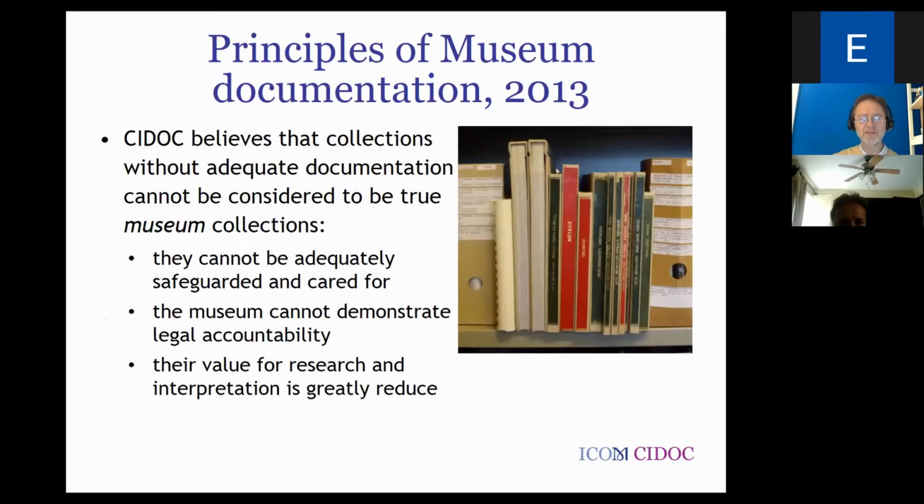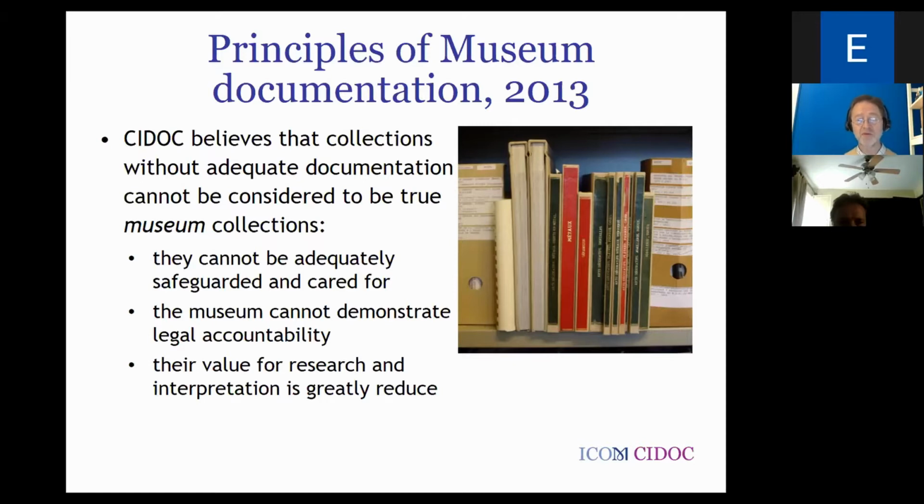We also have this Principles of Museum Documentation, published in 2013 and adopted by ICOM. It states some important aspects about museum collections, and it forms part of the framework of legal instruments that ICOM has produced.